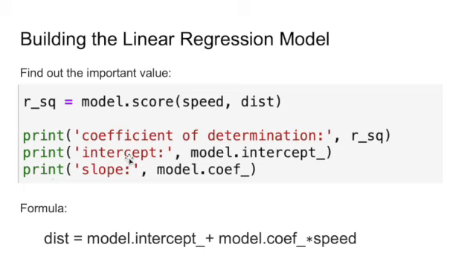For example, the intercept and the slope are very important because the formula is determined by the intercept and the coefficient, the slope. After we get those two values, the formula should look like this: dist equals model.intercept plus model.coefficient times speed.